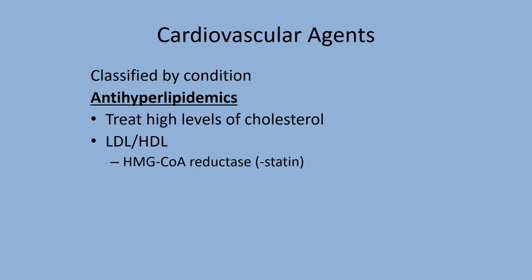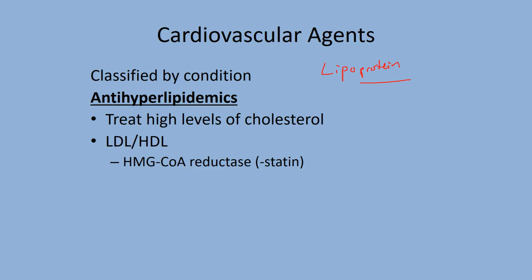Antihyperlipidemic. Lipids are fat in the blood. Anemia is a blood condition, so in this case, we're talking about cholesterol. Cholesterol is made of lipoproteins. We have low density lipoproteins and high density lipoproteins.